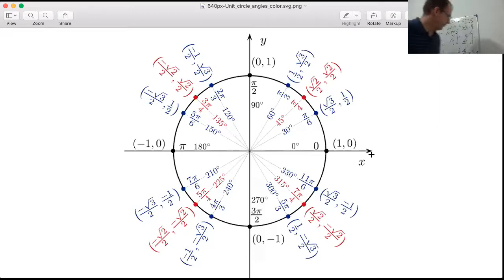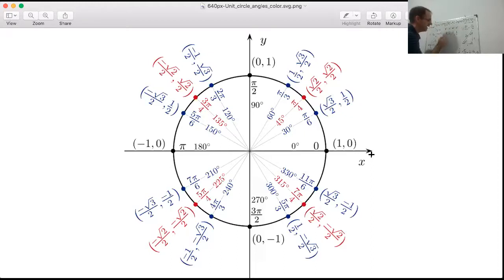So basically, the fractions that you have to be good at are halves, counting by halves. That's your 90. I don't know, can you see this? Maybe I wrote it too low. Let me get rid of some of this. The fractions that you have to be good at are your halves, that counts by 90s, your thirds, counting by 60s, your fourths, that's counting by 45s, and sixths, counting by 30s.